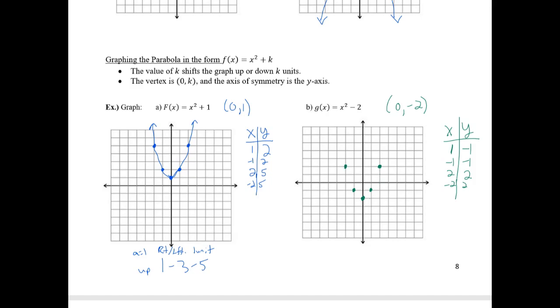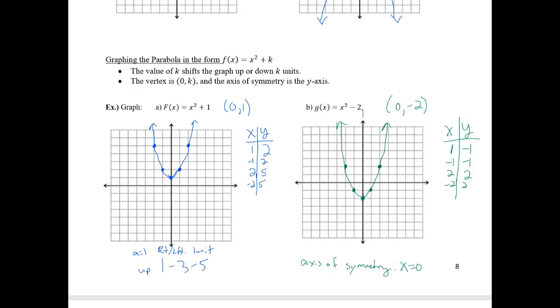It's always going to be a mirror image across what we call the axis of symmetry. So with all these graphs we've done so far, the axis of symmetry has been the line x = 0.